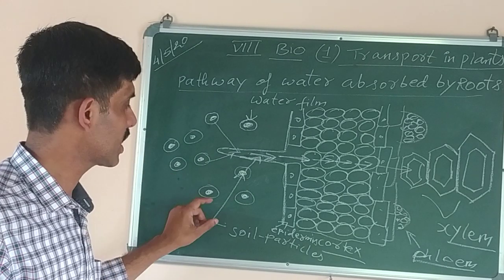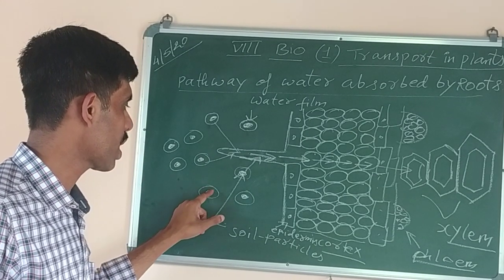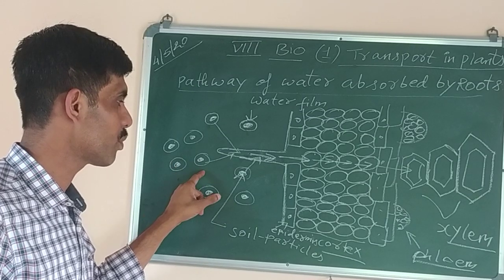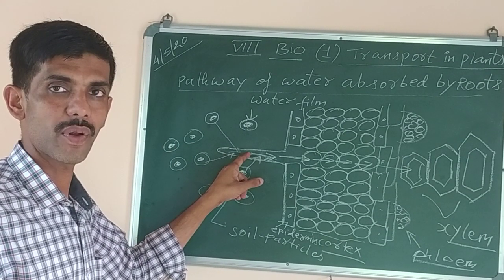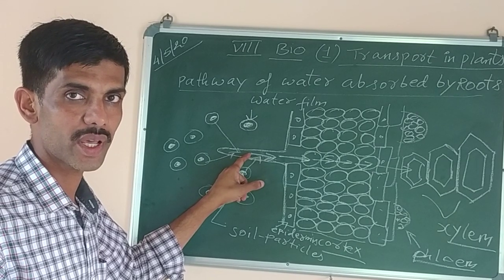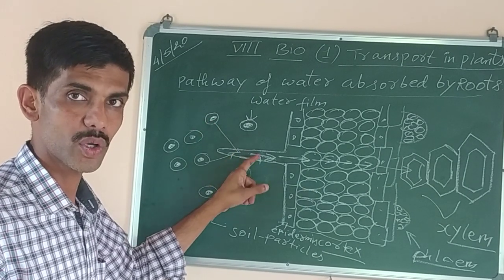First, the water molecules which are surrounding the soil particles move from the region of higher concentration to the region of lower concentration inside the root hair cells by the process of osmosis.